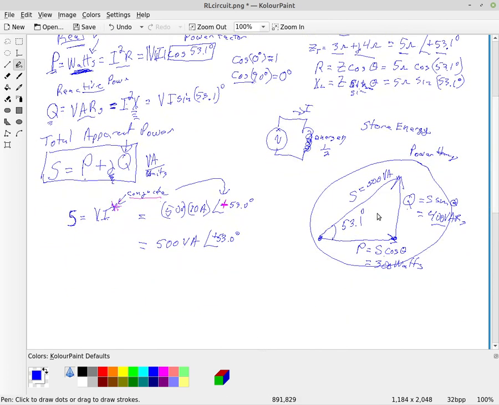And this here is basically your impedance triangle times I squared. So it's going to be 300 watts for real power, 400 VARs for reactive power, and the total apparent power is going to be 500 volt amperes. Again, this is the power triangle.